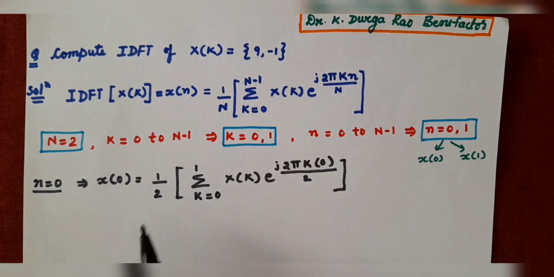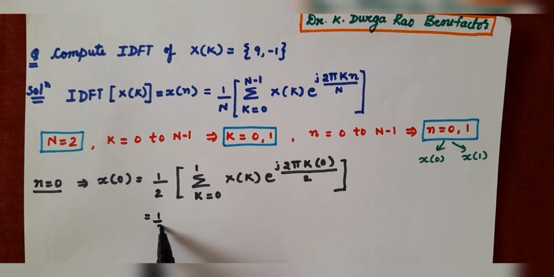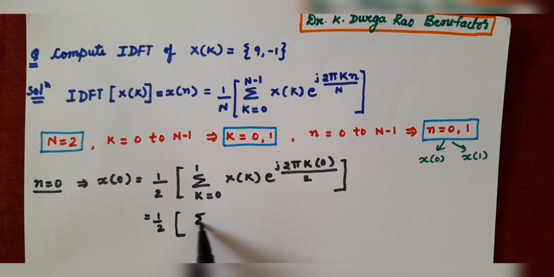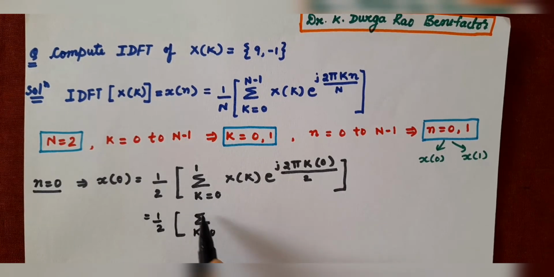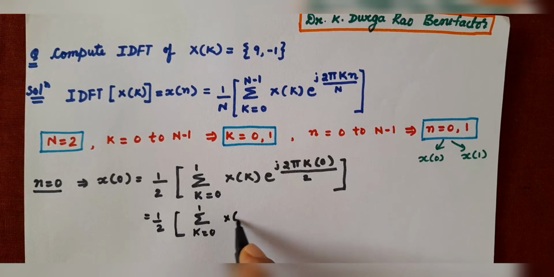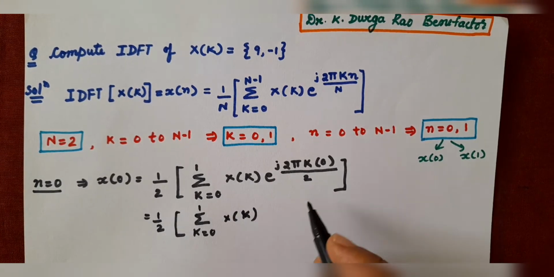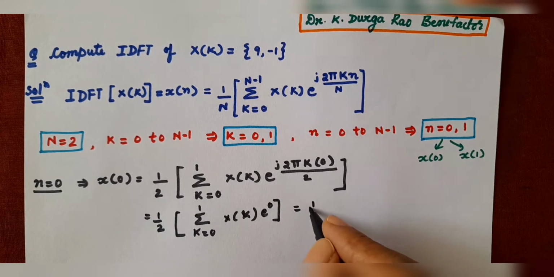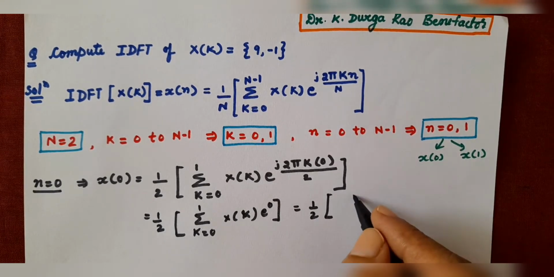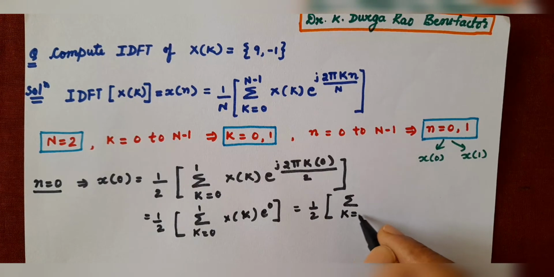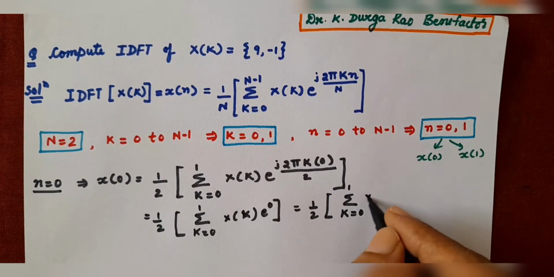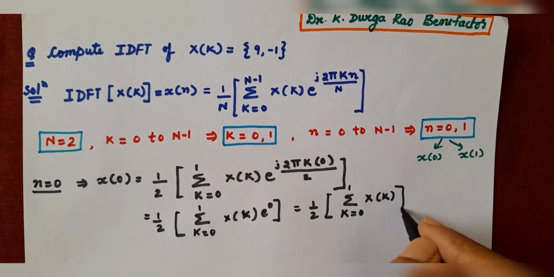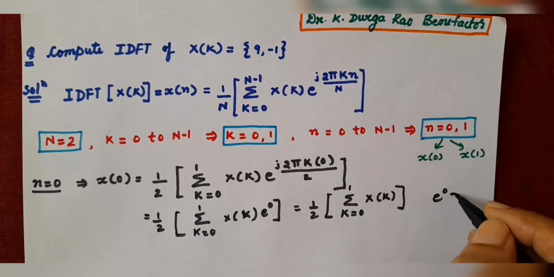So it will be 1 by 2 summation k is equal to 0 to 1 capital X of k, e to the power of 0. It is coming to be 1 by 2 summation k is equal to 0 to 1 X of k, because e to the power 0 is 1.